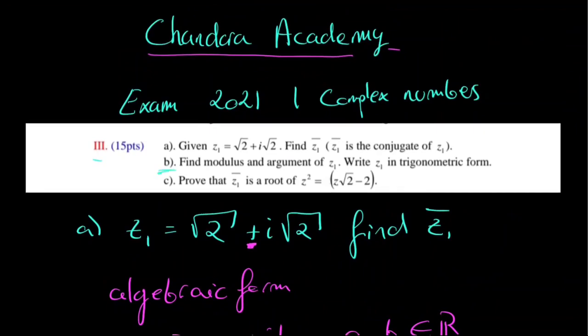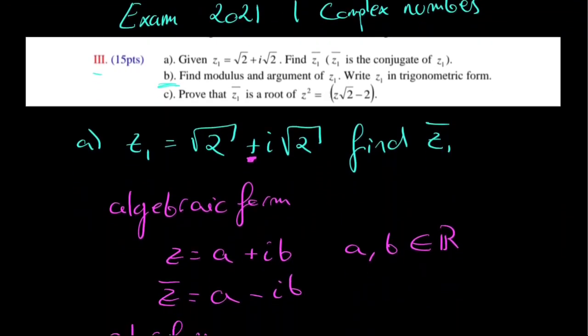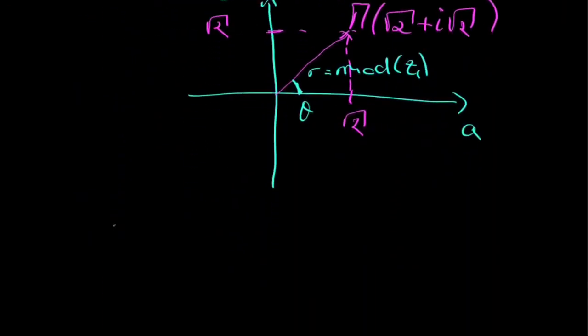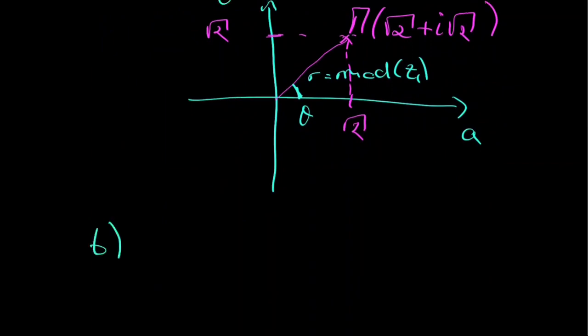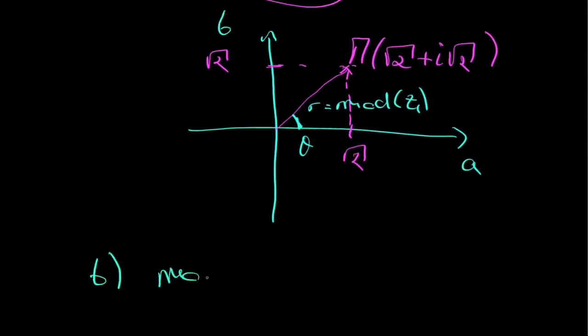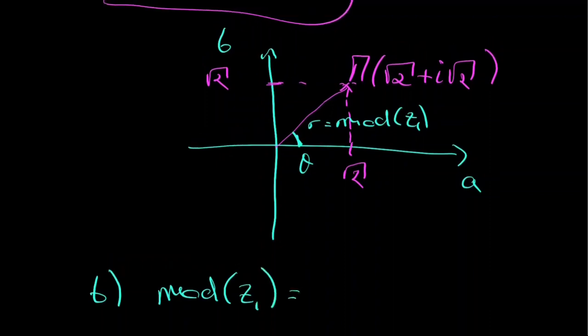So to answer the second question. The modulus, mod of z1, we can find using the Pythagorean theorem on this plane.